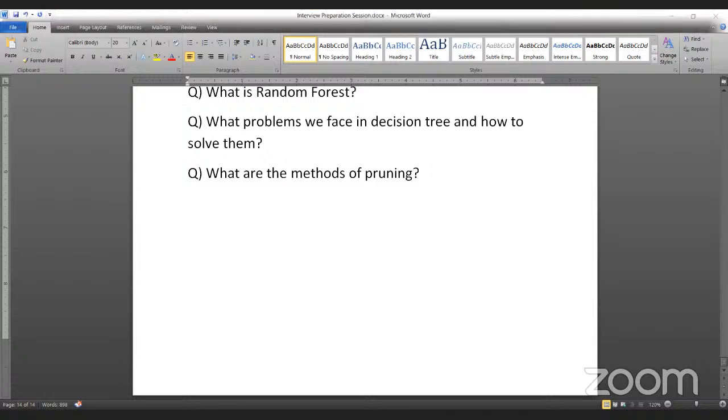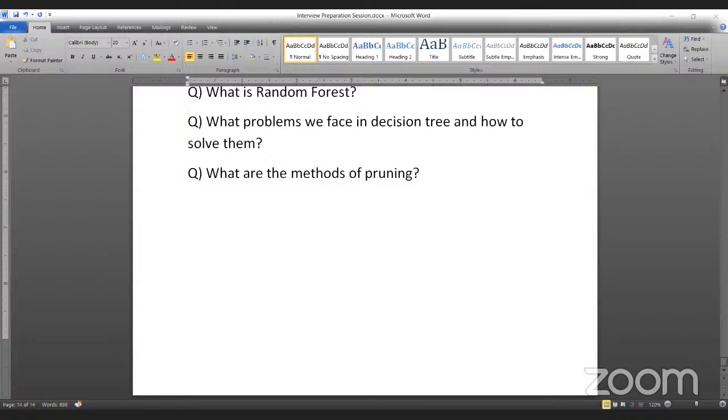Okay, so what happens in post-pruning is, suppose we have an infinitely grown tree, meaning a tree with a very large depth. So if we are having a tree with a very large depth, in this model we'll surely get an overfitting problem. Okay.